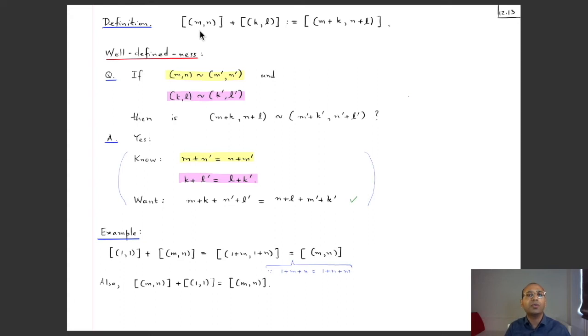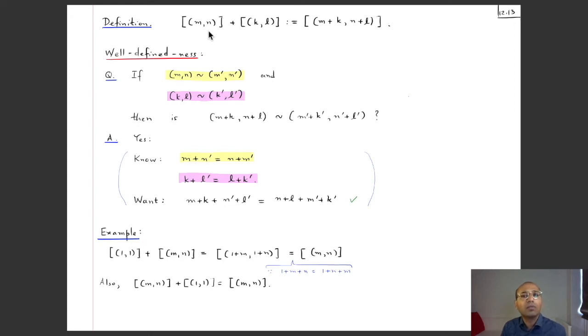Well, integers we know really are equivalence classes of pairs of natural numbers. Okay, so suppose you have two integers, namely the equivalence class containing the ordered pair m comma n and the integer which is the equivalence class containing the ordered pair k comma l. Then we define the sum, the integer sum of these two integers as the equivalence class containing the ordered pair m plus k, n plus l.